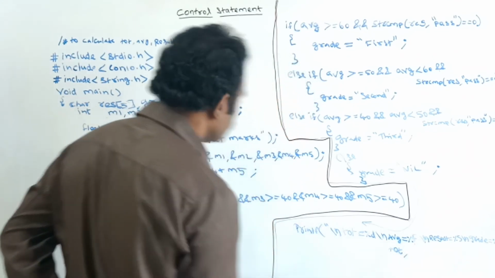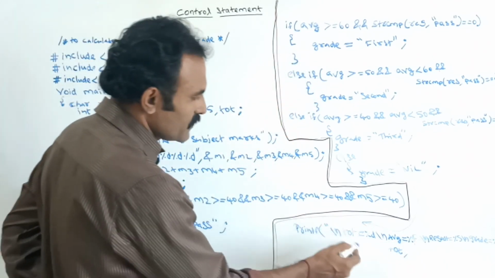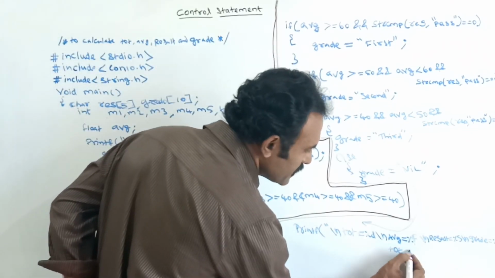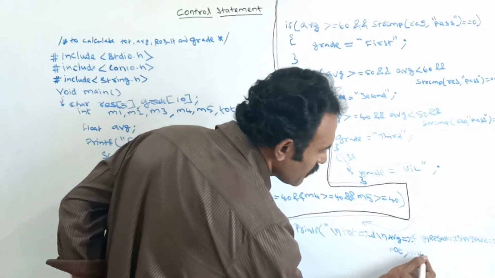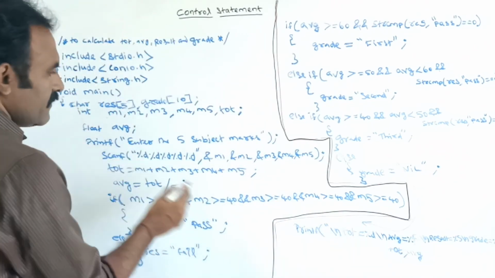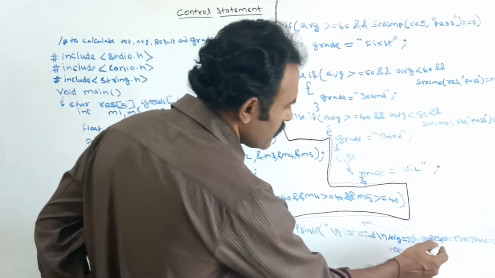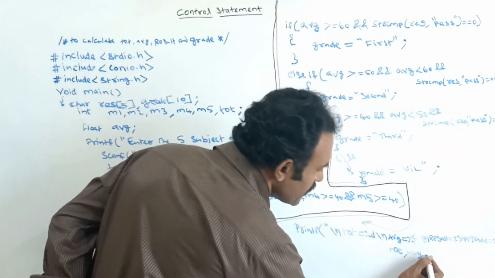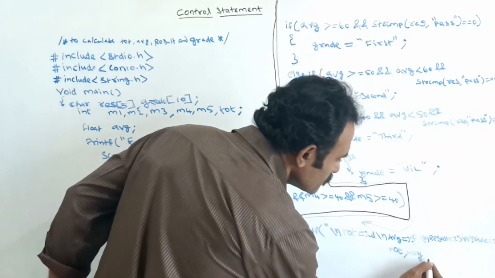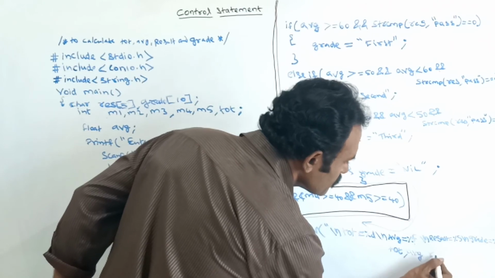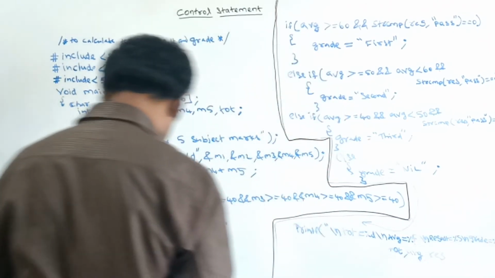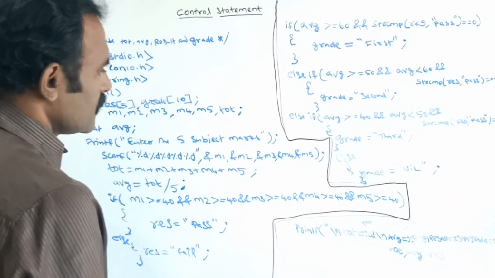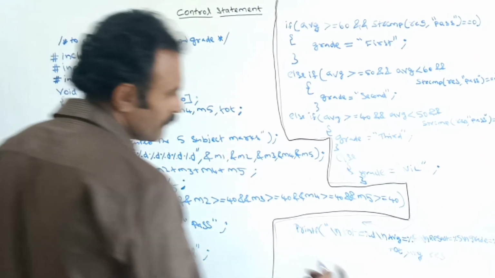Next comma, this one for total, average. For this also I have declared the variable as AVG. Next, after average, result. For result I have declared the variable as RES. So comma, next at last grade.